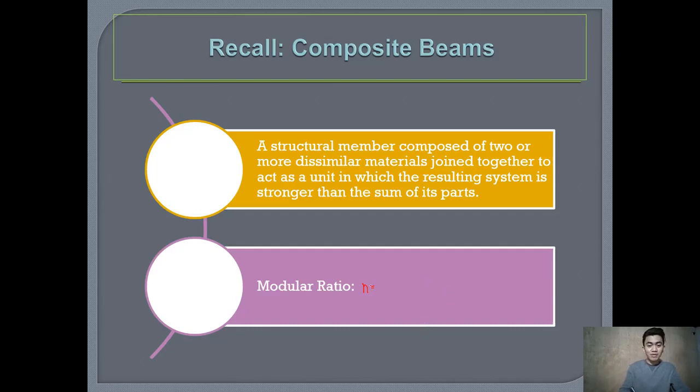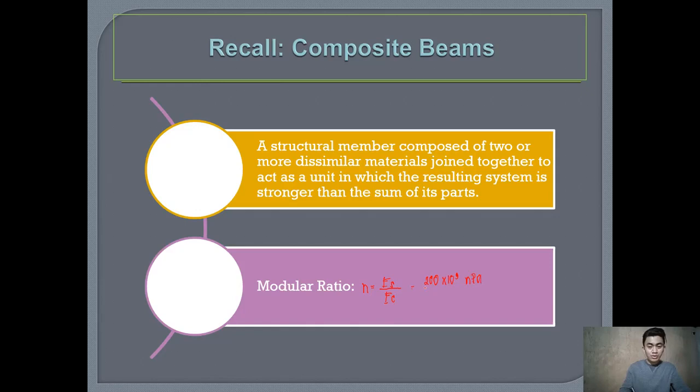In our case, from our previous example, that will be the modulus of elasticity of steel, which is Es, divided by the modulus of elasticity of concrete. The modulus of elasticity for steel is equal to 200 times 10 raised to 3 megapascal, or MPa.